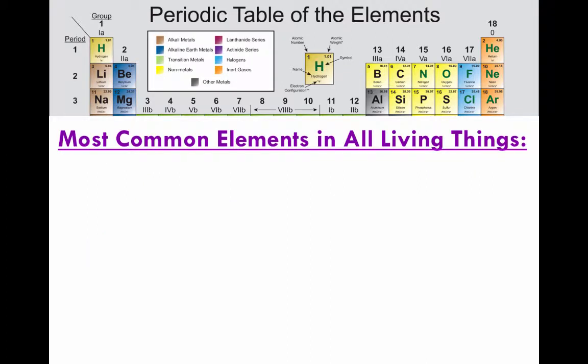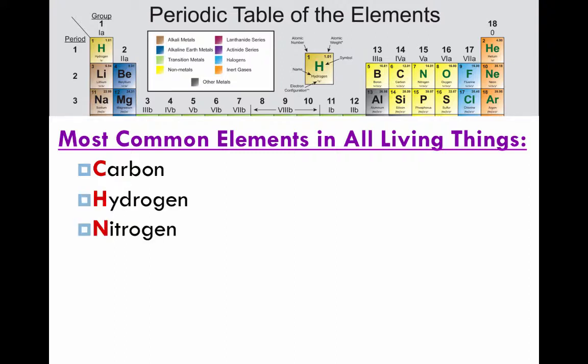There are other elements that are also very important, and you should write down these elements as well. The first one is obviously carbon. Carbon is the most important element of all living things. Then there's hydrogen, nitrogen, oxygen, phosphorus, and sulfur. These are kind of in the order of importance.